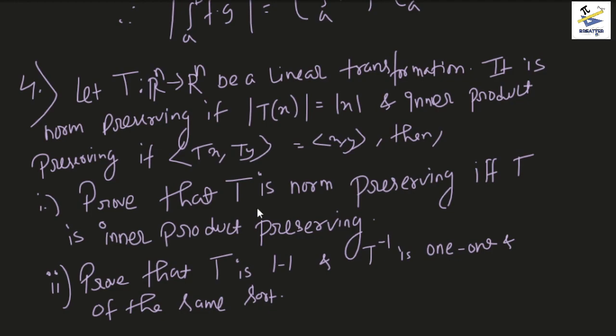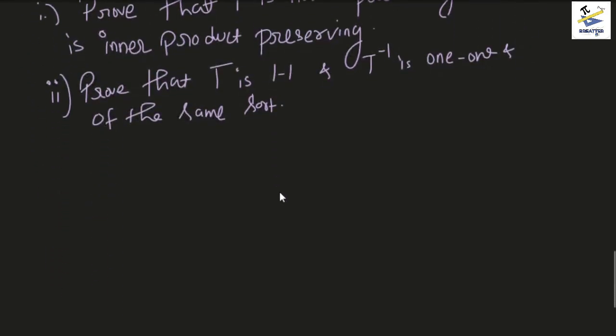In the first part we want to prove that T is norm preserving if and only if T is inner product preserving. This means you have to prove both ways: that if T is norm preserving then it is also inner product preserving, and if T is inner product preserving then it is also norm preserving. Let us try and do the first part. So proof of first part would be like this.